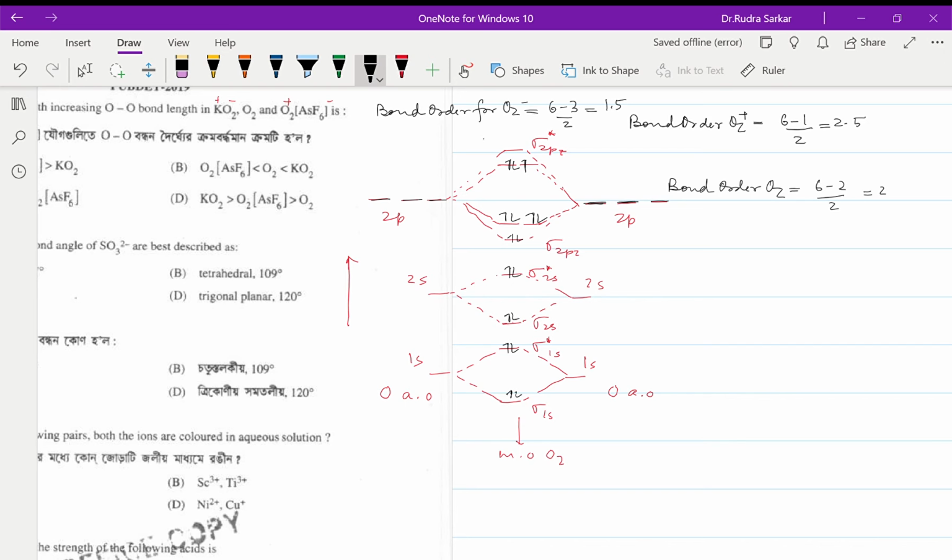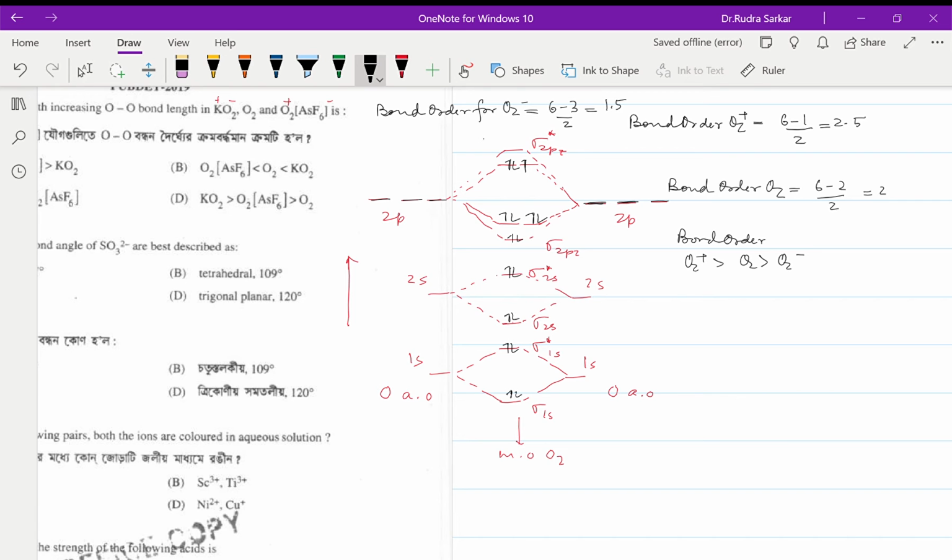So we now know the bond order for all the species. Okay, and if we arrange them, then we will say O2 plus greater than O2 greater than O2 minus. This is bond order.